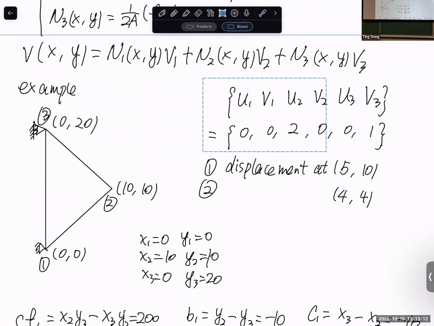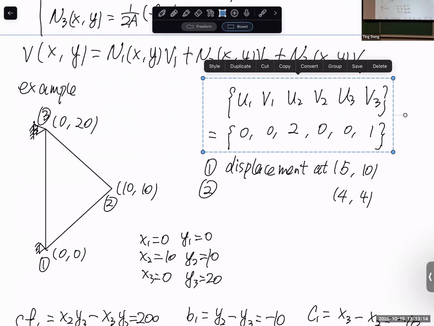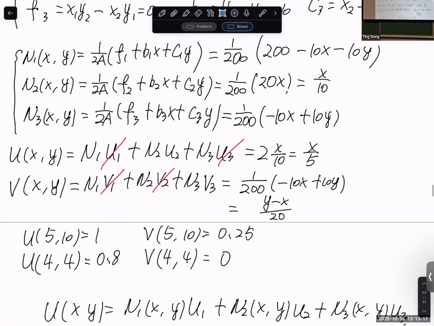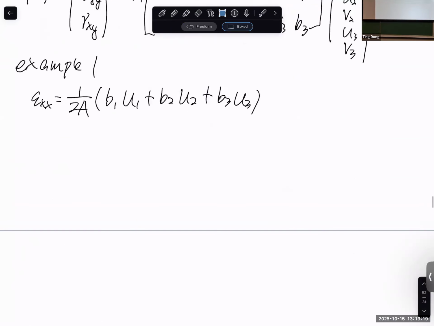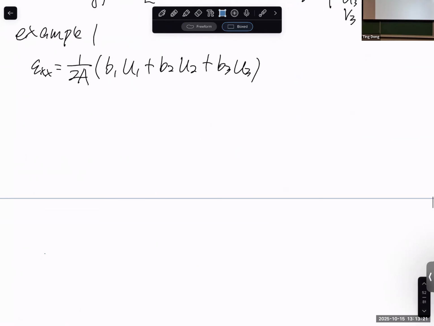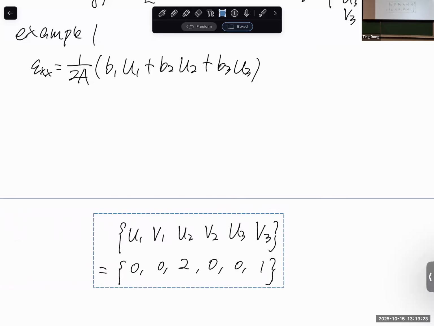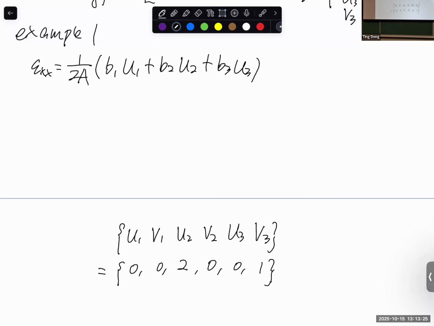This is our U and V. We can see that U1 equals 0, U2 equals 2, U3 equals 0, so we only have one term.